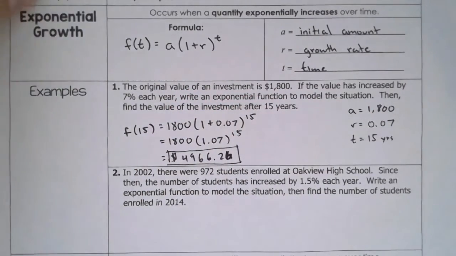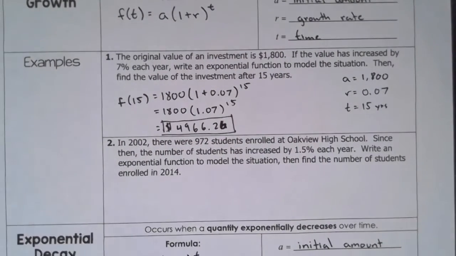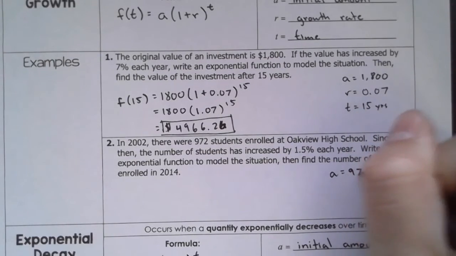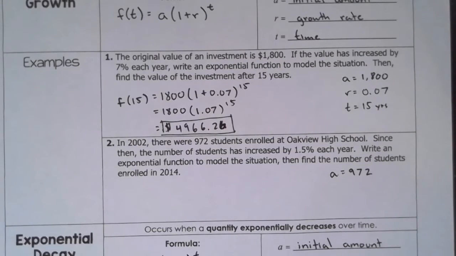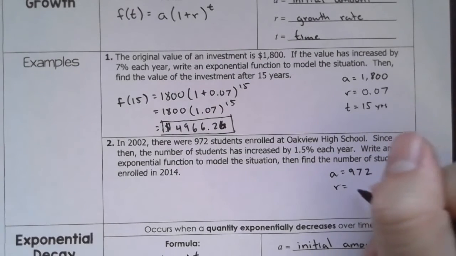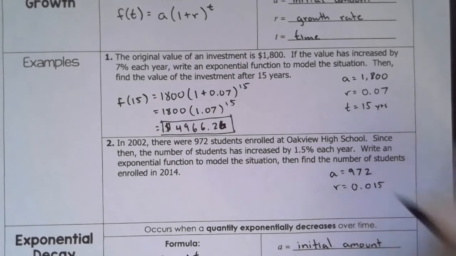For number 2, it says in 2002 there were 972 students enrolled at Oakview High School. So A is 972. Since then, the number of students has increased by 1.5% each year. So rate, again represented as a decimal, this would be 0.015.